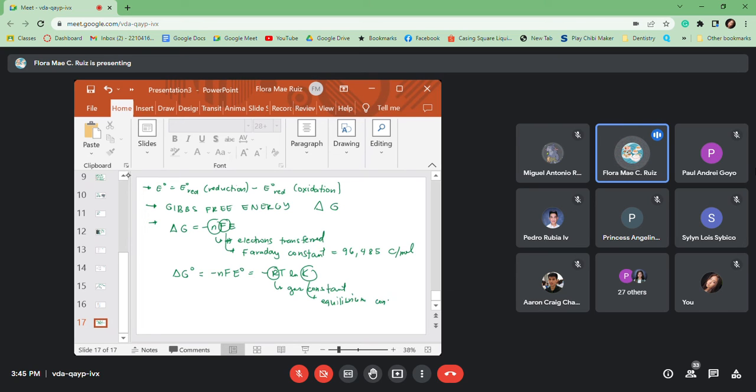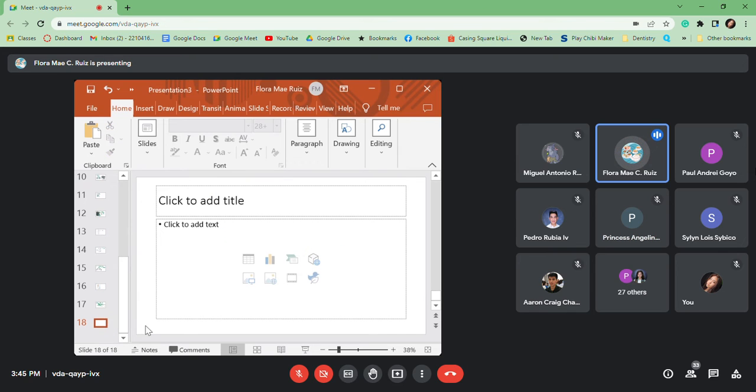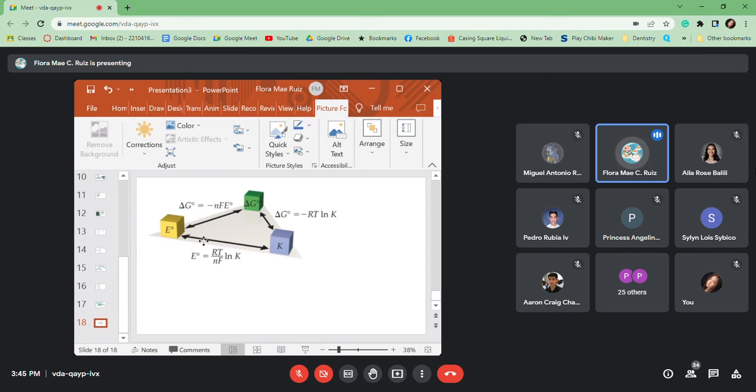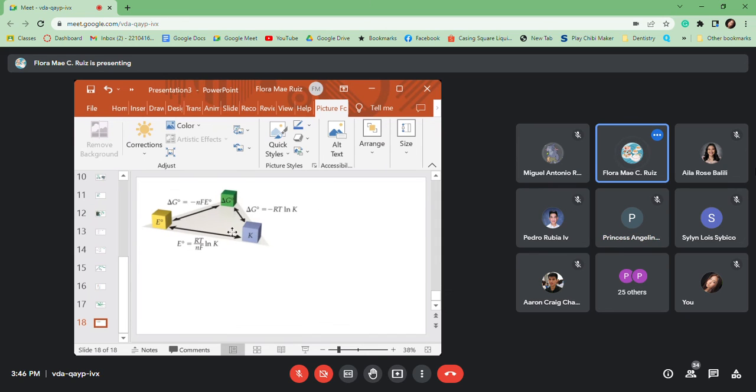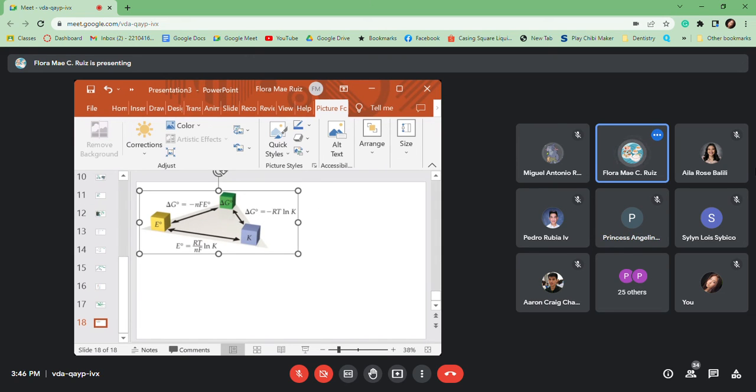So the equilibrium constant relates the products and reactants of a reaction at equilibrium, or with respect to a specific unit. So how do they relate to each other? They are related by this triangle: the cell potential, your free energy, and your equilibrium constant. So this is their relationship.